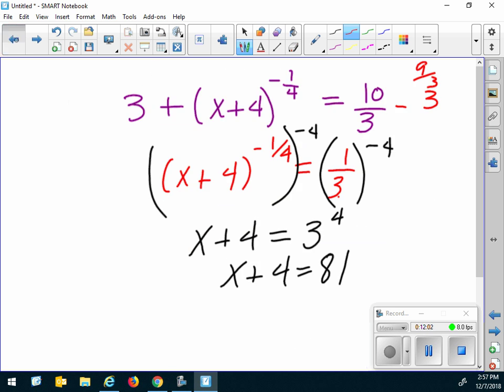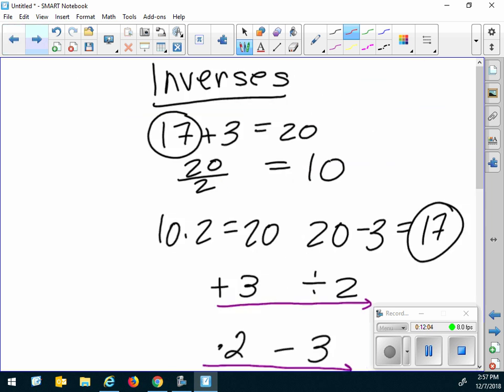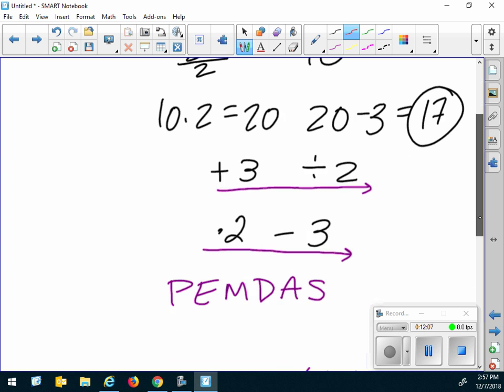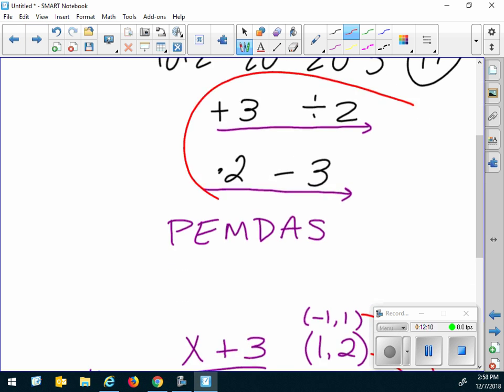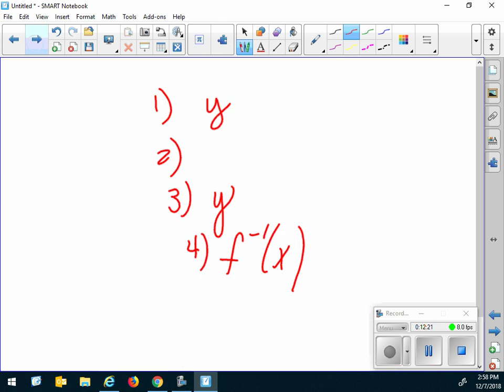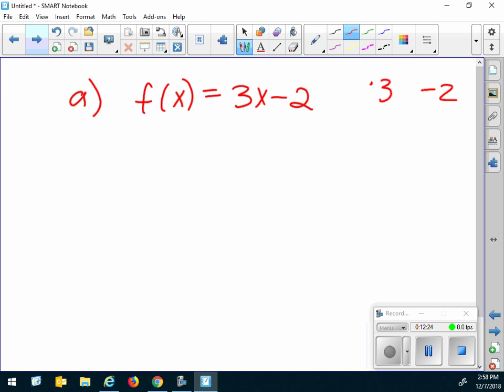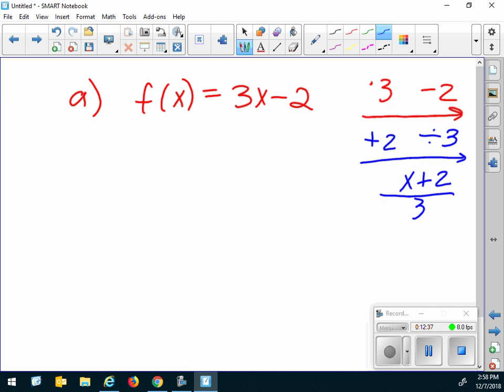Go back to, oh snap, I went too far. I went right here. Look right here. When we added 3 and divided by 2, to undo it, we multiplied by 2 and subtracted 3. So let's look here. If we go in this order, how do we undo it? So x plus 2 divided by 3. Let's see if that's what we get using the steps.